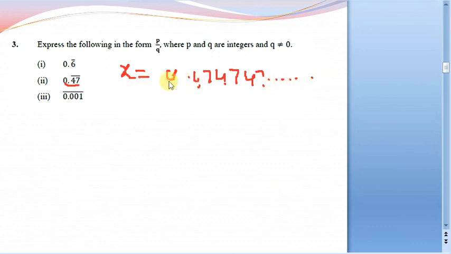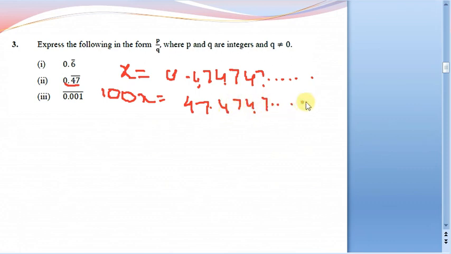For how many digits is this bar? For 2 digits, so just make it 100x. We know that the decimal point will move 2 places to the right, so 100x is equal to 47.4747 and so on. Now subtract the first equation from the second one.